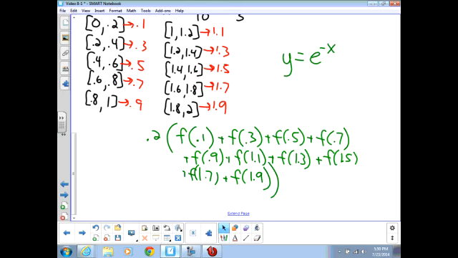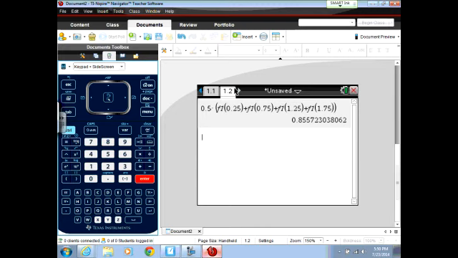And we'll go over to the calculator. What's nice about this is it's the same function, so we don't have to put anything new for f1. We'll have 0.2 as our new width. Make sure you start your parentheses. We'll do our variable button to get f1, and we'll do 0.1. Close the parentheses, plus f1 of 0.3, close the parentheses, plus f1 of 0.5.